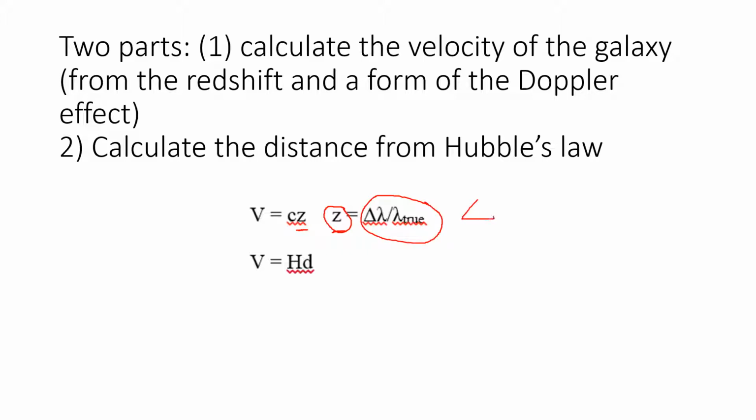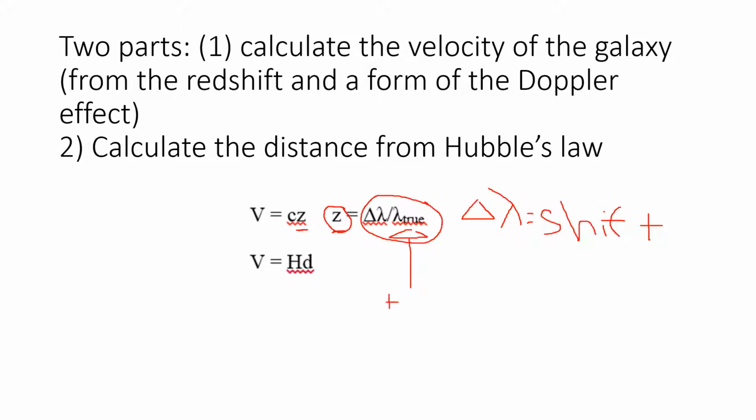So here, delta lambda is going to be the amount of shift, the shift of the wavelength. And lambda true is going to be, well, the true wavelength. Remember that whenever we had a Doppler formula problem, we had the true wavelength and the apparent wavelength.